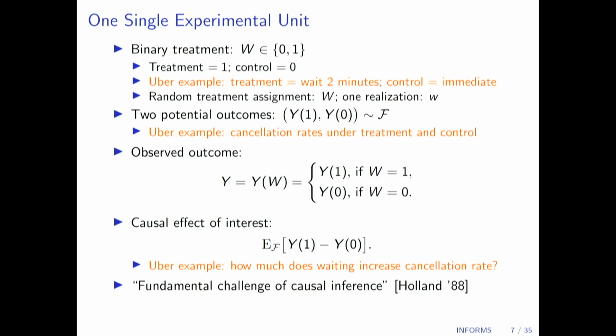What if there was the opposite treatment? This missing data challenge is referred to as the fundamental challenge of causal inference, from the Holland 1988 paper. So this is essentially the core question that we're trying to address.